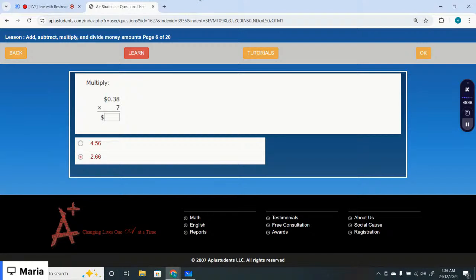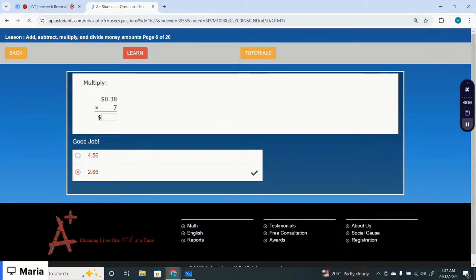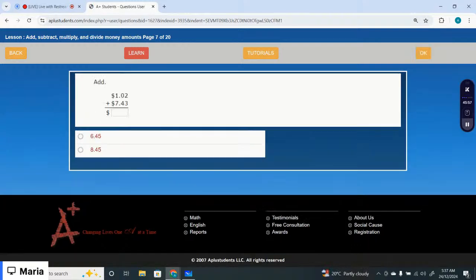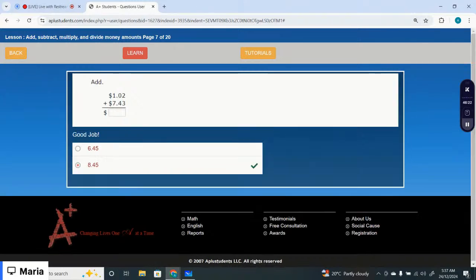That is 2.66. Option number two is the correct option. 1.02 plus 7.43. That is 8.45. Option number two is the correct option.